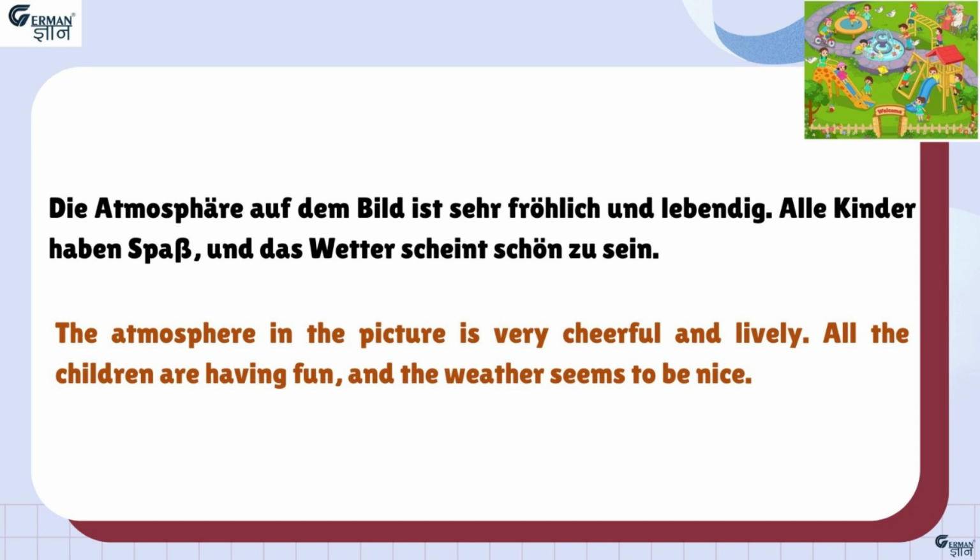Die Atmosphäre auf dem Bild ist sehr fröhlich und lebendig. Alle Kinder haben Spaß und das Wetter scheint schön zu sein, means the atmosphere in the picture is very cheerful and lively. All the children are having fun and the weather seems to be nice.